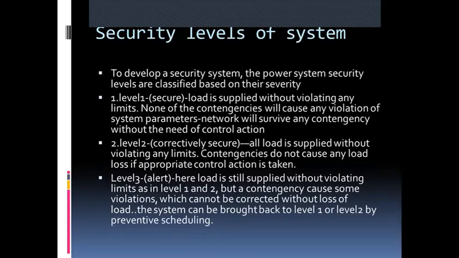So in some part the load has to be shut down. Only then can the system be brought back to level 1 or level 2 by preventive scheduling. There are many measures, and one such measure is preventive scheduling. In some area the load has to be shut down, and then only can you supply the load without violating the limits. So this is the alert state, level 3.